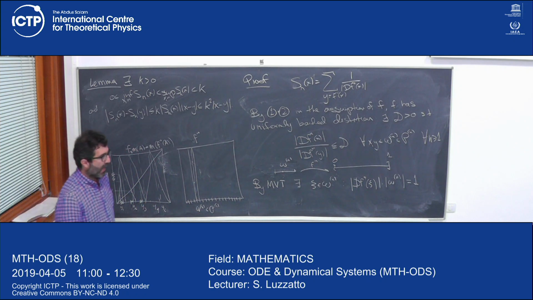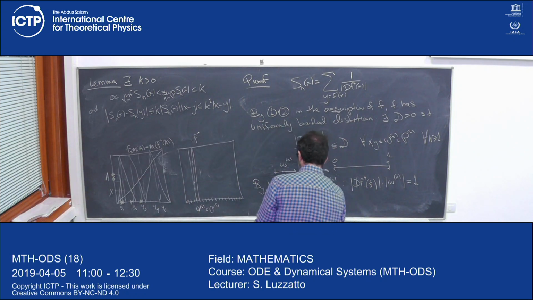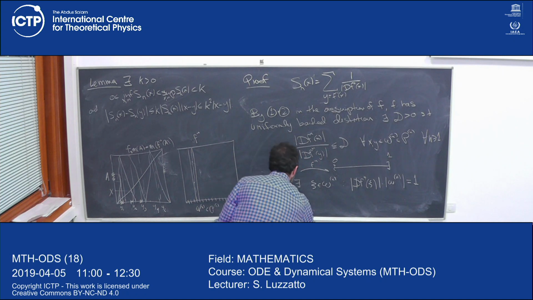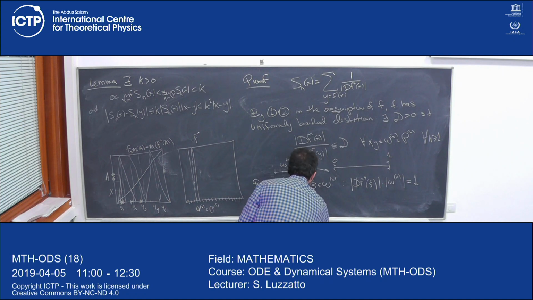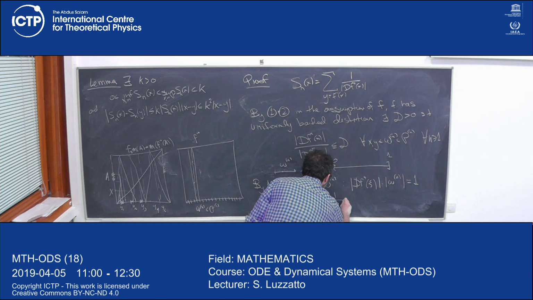And this means that dfn of psi is exactly equal to 1 over the size of omega n.